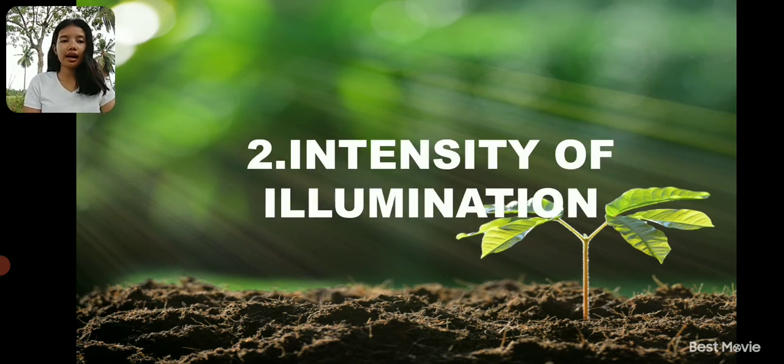Second is intensity of illumination. Under low intensity of illumination, such as during rainy days or very cloudy days, the rate of photosynthesis goes on very slow. This is due to the fact that sunlight is normally the energy utilized by green plants for this process.